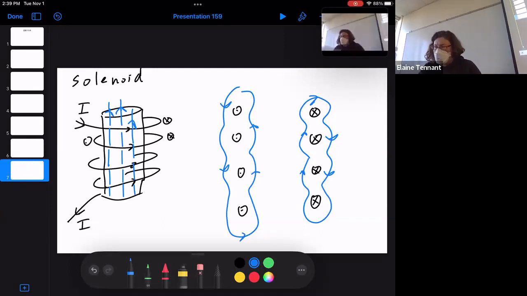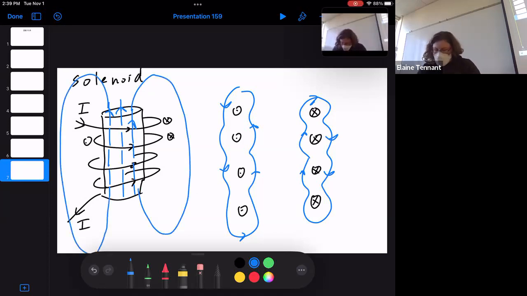Where you idealize it as magnetic fields that do that. And so I'm kind of hoping that you see that this really starts to look very much like a bar magnet with a north side and a south side.